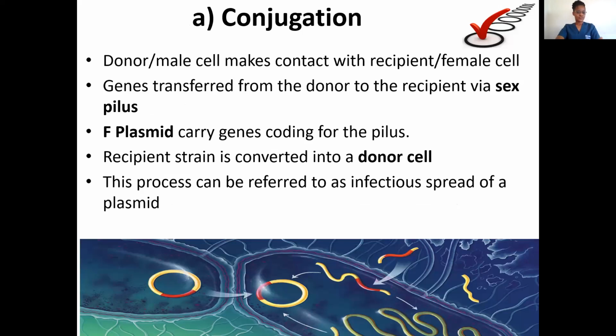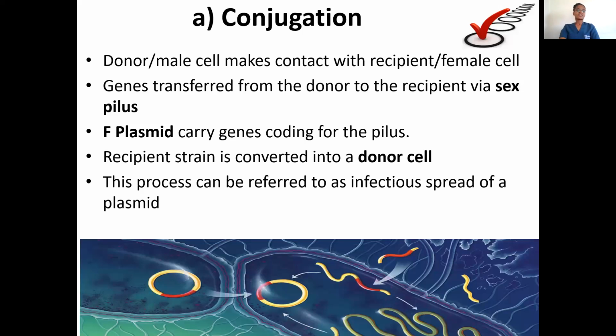So I'll start with conjugation. Conjugation is whereby there is a male cell, usually called the donor cell, that has the F factor, so it is F factor positive. Then there is a female cell, which is the recipient, that is F factor negative. So what happens here is there is formation of a sex pilus, and this sex pilus is what will be used to transfer genes from the F positive cell to the F negative cell.